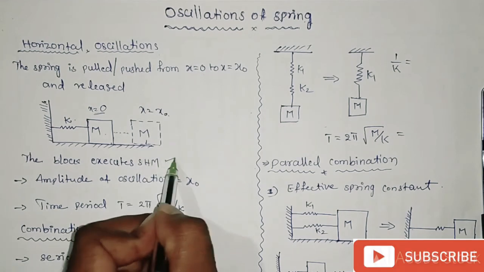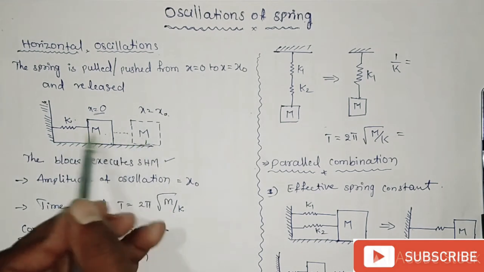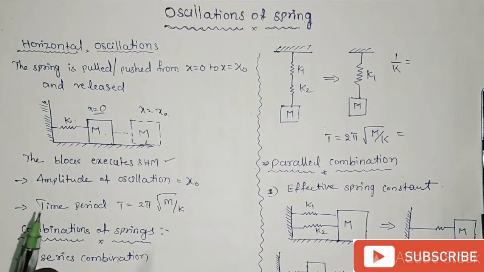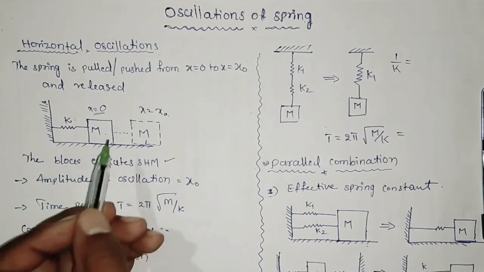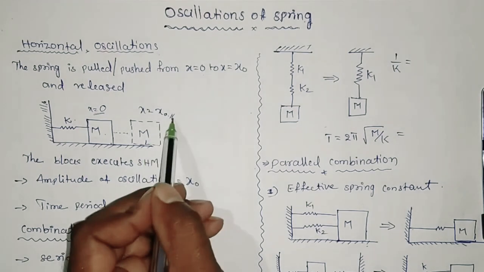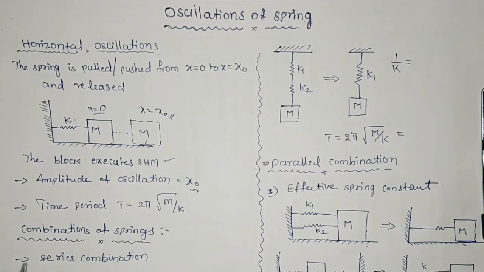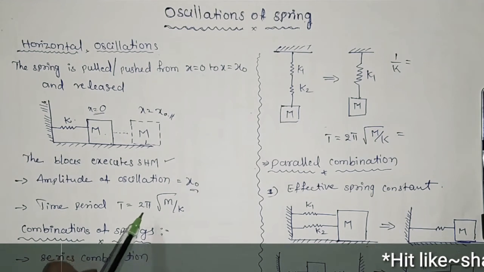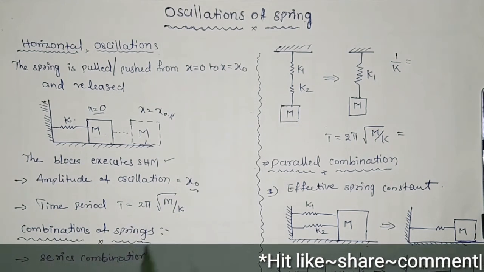The block executes SHM, and the amplitude of oscillation is equal to x0. The time period is T = 2π√(m/k).